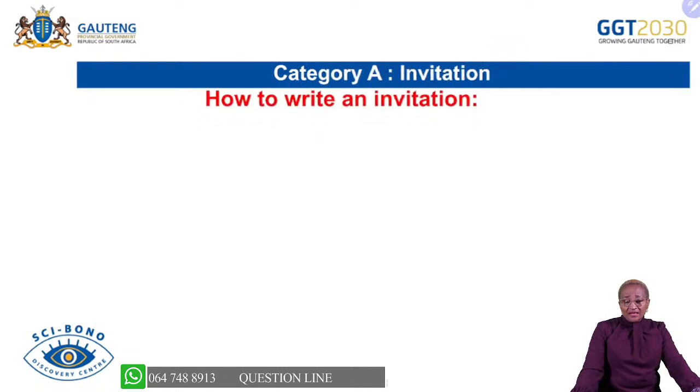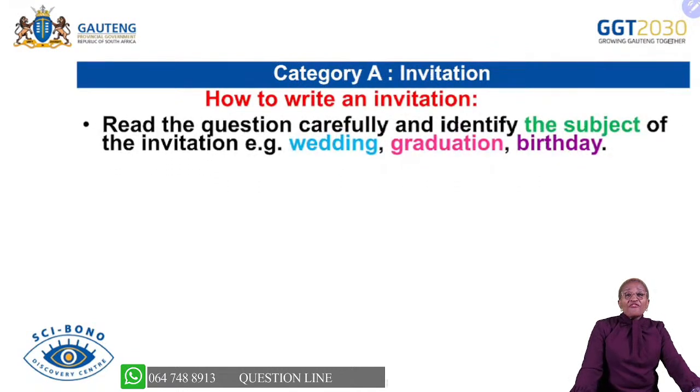Let's have a look at that. The first thing that you need to do, which is very, very important, is read the question carefully and identify the subject of the invitation. Remember what we said in our last session, that it is very, very important that you understand the brief. You need to analyze the brief and come up with the keywords.